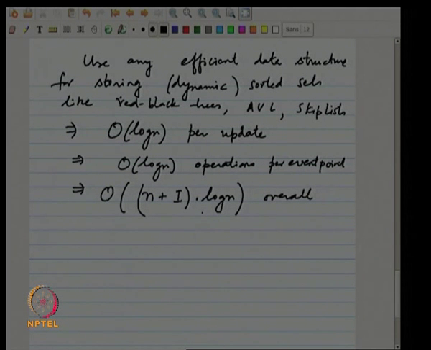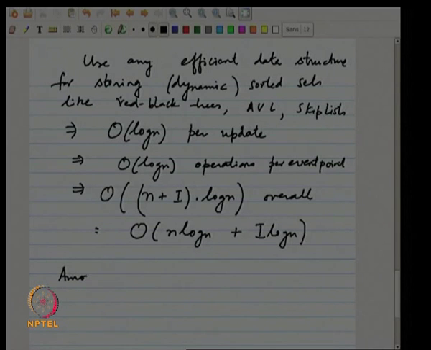So, you can write this whole thing also as order n log n plus I log n. It turns out that for finding even one intersection, if I ask you this question: out of the given n line segments, is there even one intersecting pair? This is a decision problem.